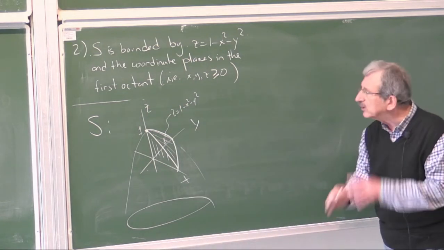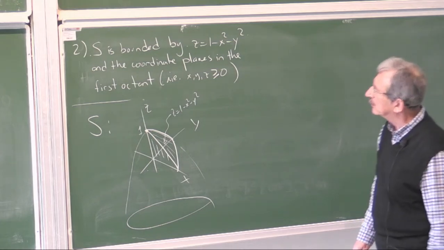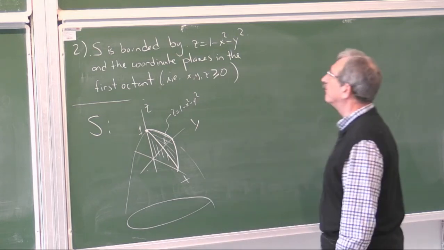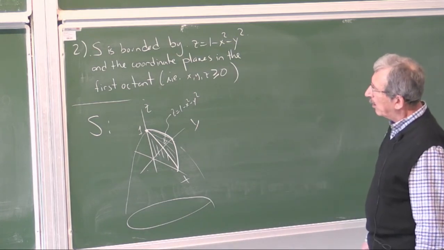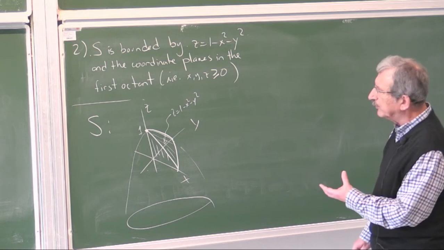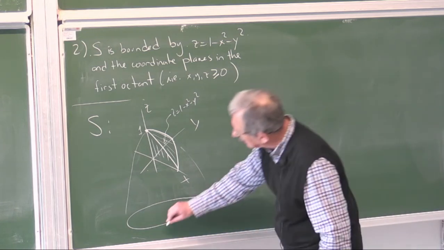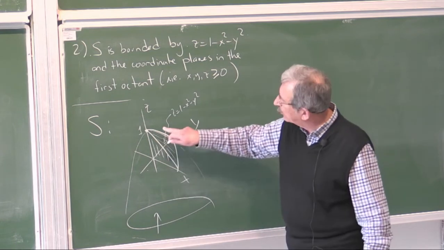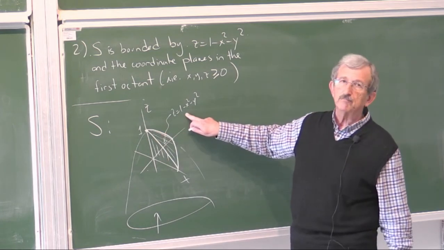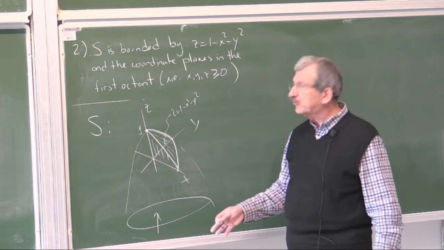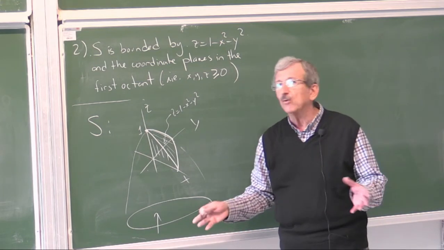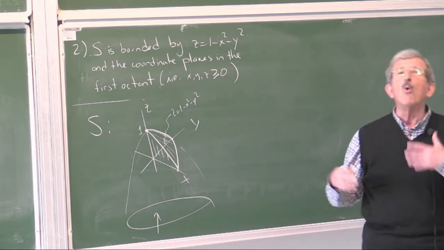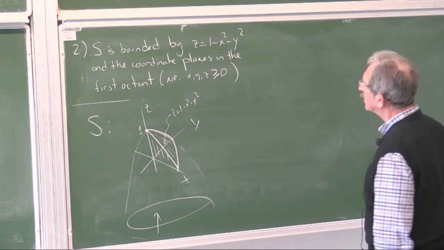It's in the first octant, so this is the region of integration. Now, of course, this is a simple region. If you look in the z direction first, you enter from z equal to 0, you leave from the paraboloid. But the same is true also for x or y first. So this is a nice simple region with respect to all coordinates chosen first.